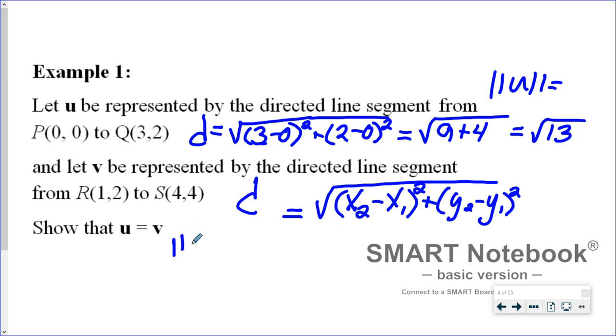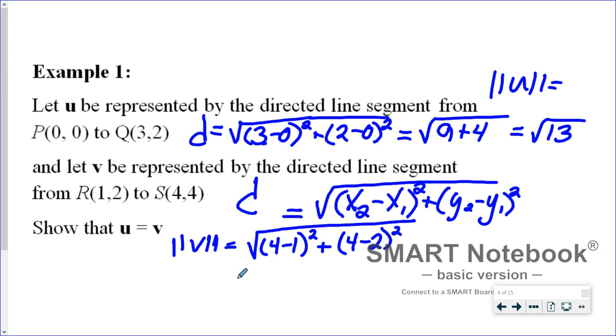So the magnitude of vector v will be equal to the square root of (4 minus 1) squared plus (4 minus 2) squared, which is equal to, again, 9 plus 4, which is the square root of 13. So now we know that their magnitudes are equal.